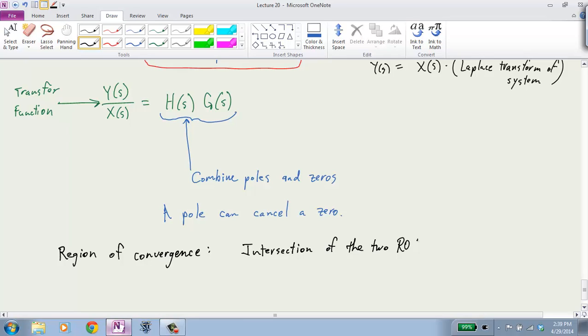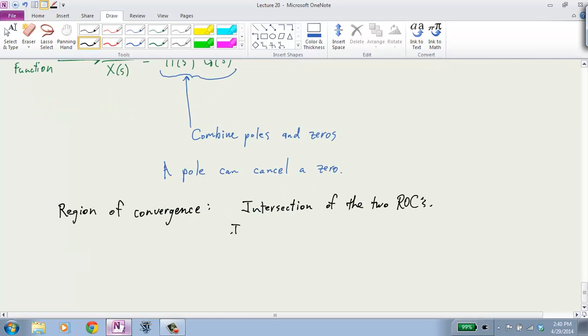However, remember the regions of convergence are defined by the poles. If a pole cancels, then the region of convergence expands to the next pole.